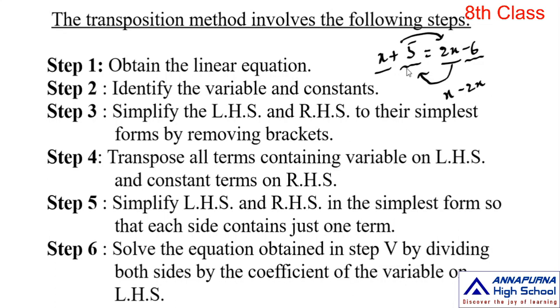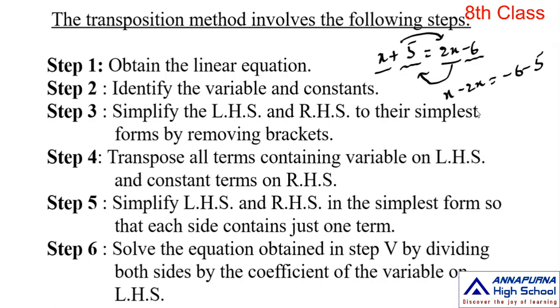At the same time, you transpose this plus 5 to the right side. So it is equal to, already on the right side you have minus 6. We have not transposed the constant term on the right side, only the variable term to the left side, so the constant term stays as it is, minus 6. And when you transpose this plus 5 to the right side, it changes to minus 5.